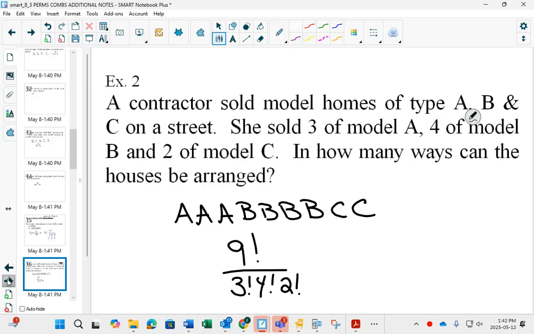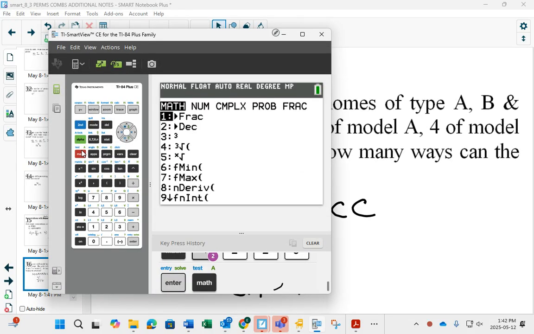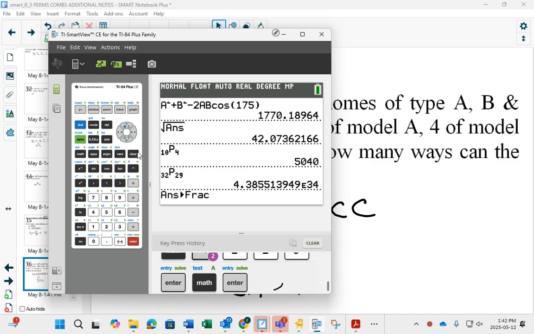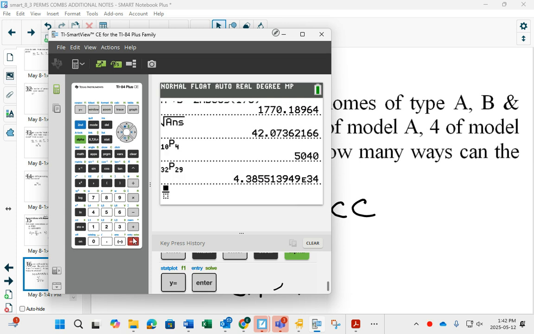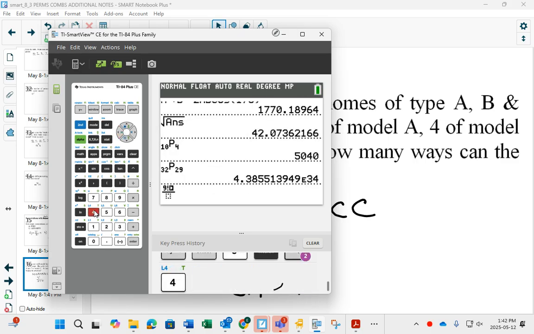You can type this into your calculator to figure out the answer. One thing I would suggest though, okay, you have the fraction button, make sure that you use it. So I'm going to go to 9 factorial, so I have to hit the math button and go over to probability, and number 4 is factorial.